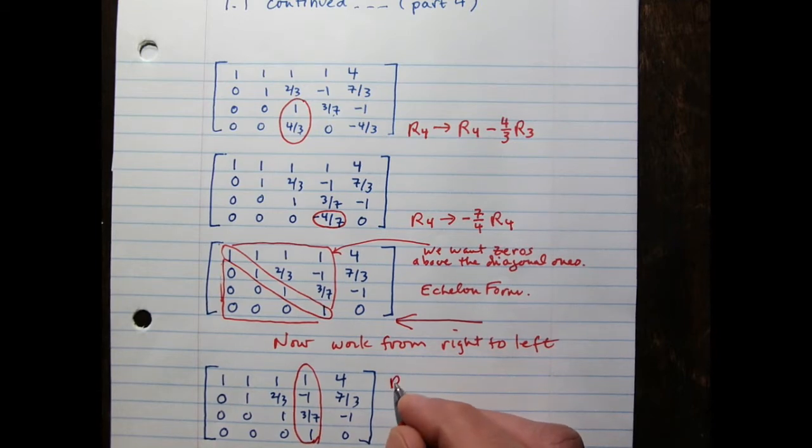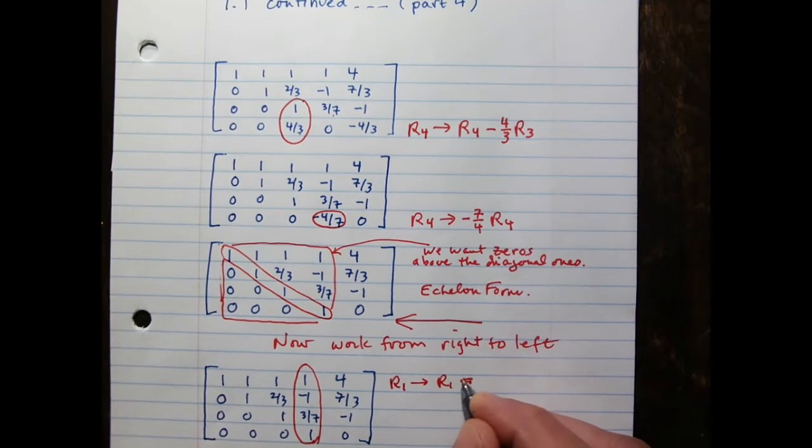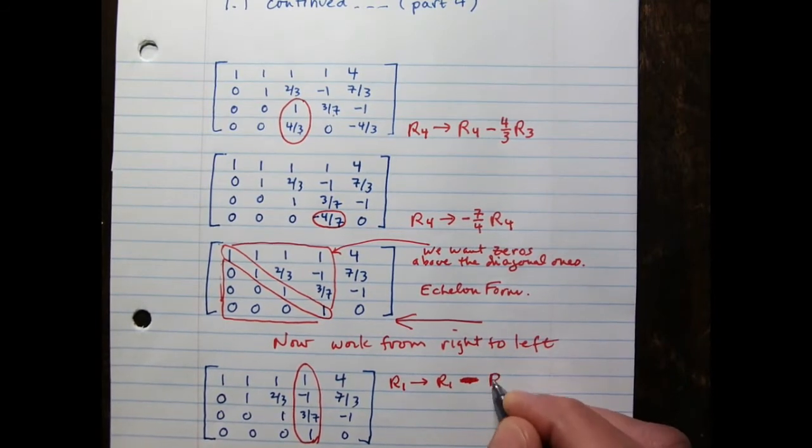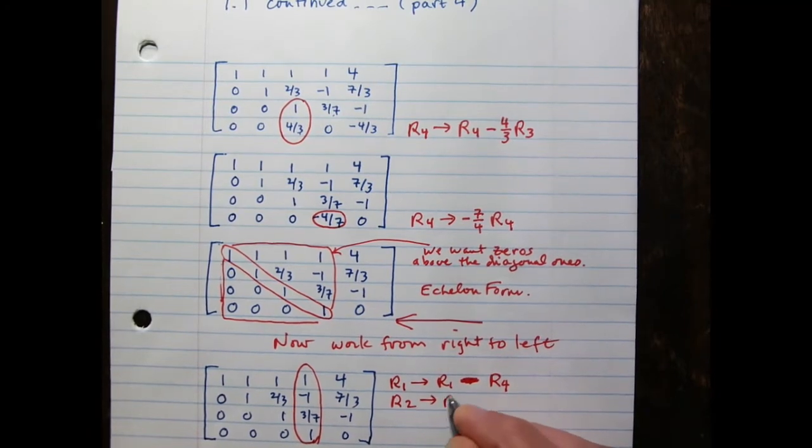So for instance, I'm going to take row 1 and replace it with row 1 minus row 4. And I can take row 2 and replace it with row 2 plus row 4. And I can take row 3, and now this is a little bit more complicated, but not much. I'm going to replace it with row 3 minus 3/7 row 4 to get that 3/7 to become a 0.